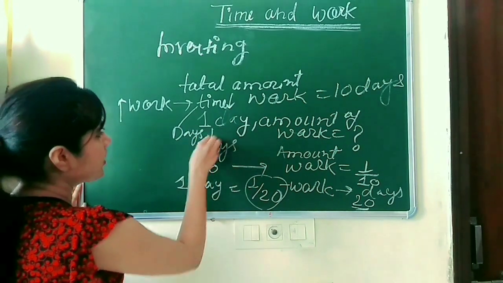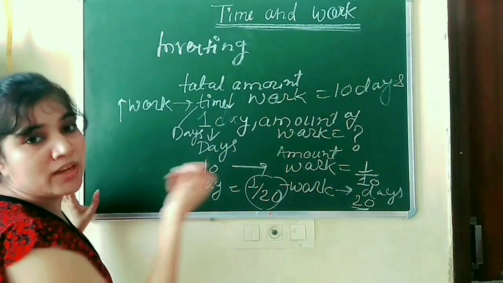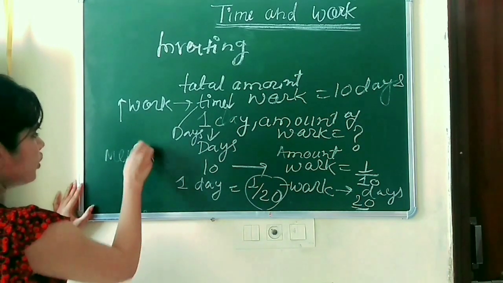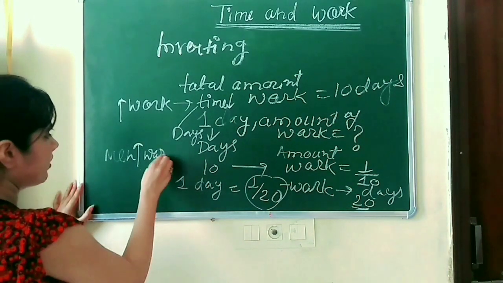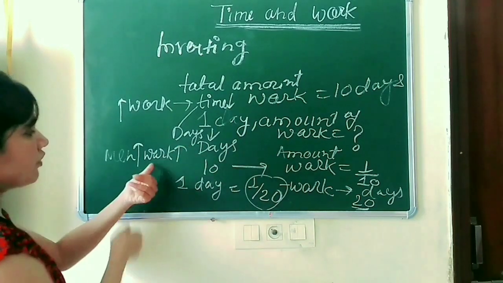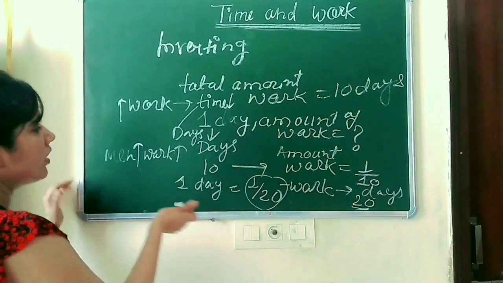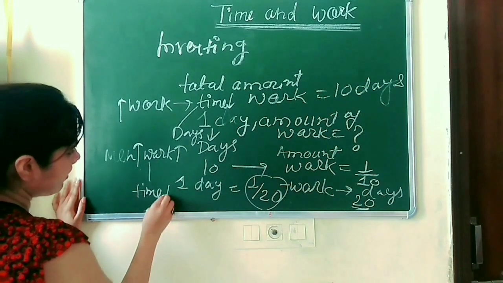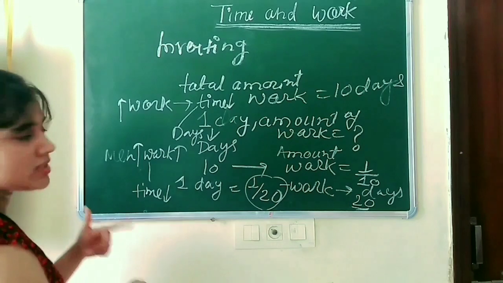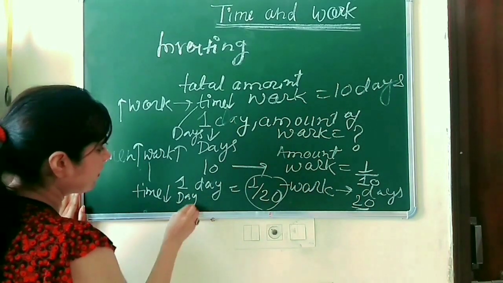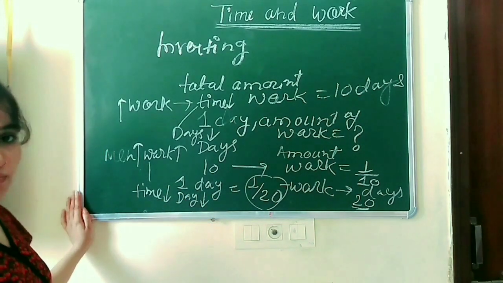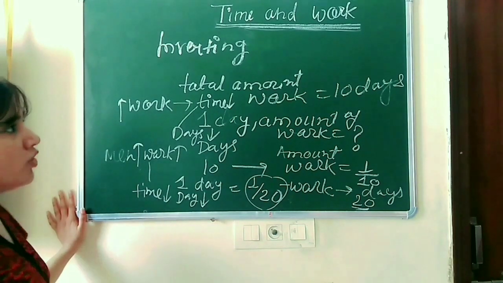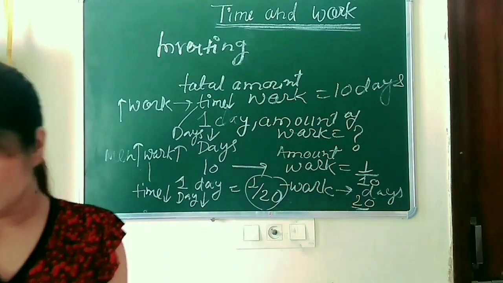If we increase the manpower, the number of men, then the work will get increased, so the time required will be less. If time is less, then the number of days will be reduced. Do you get this concept? Just note it down, then we will solve the questions.